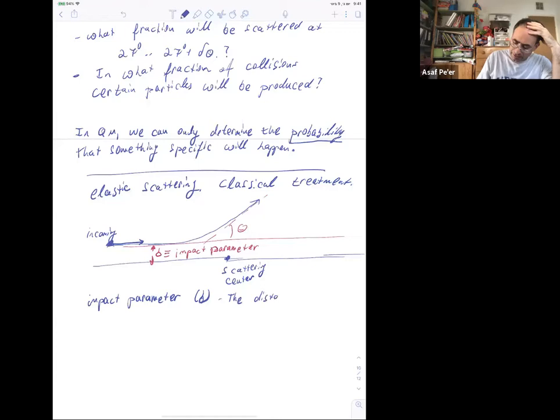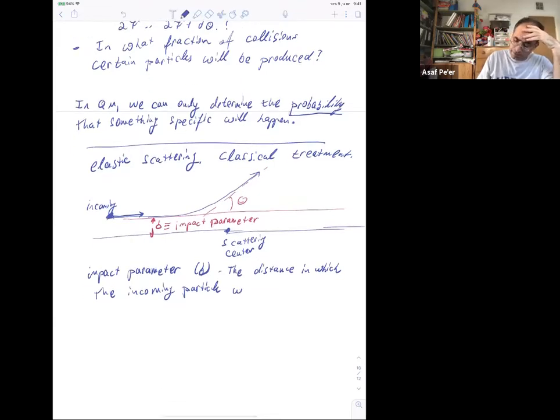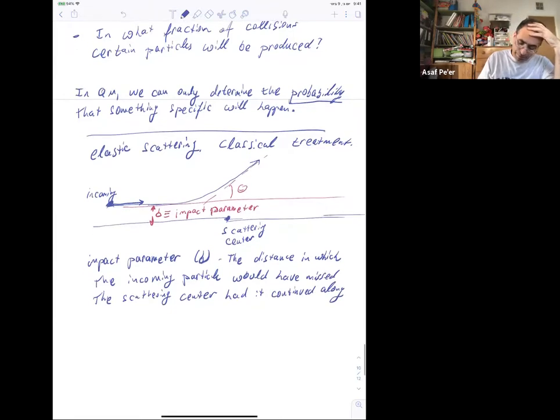The distance by which the incoming particle would have missed the scattering center had it continued along its initial trajectory.